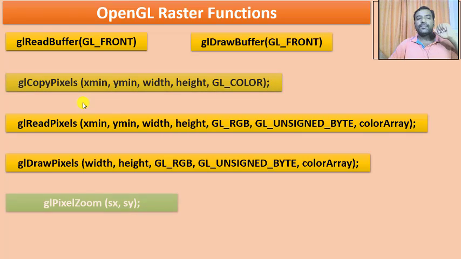Along with this, I am going to have one more raster function called GL pixel zoom. Now this GL pixel zoom takes two parameters. One is the scaling factor along the x-axis and the other is the scaling factor along the y-axis. That is the number of pixels which I need to modify.